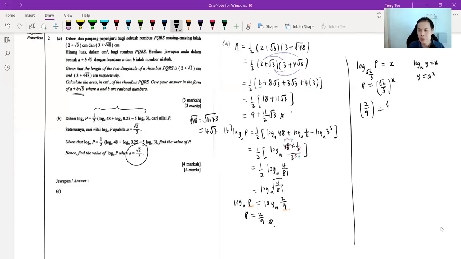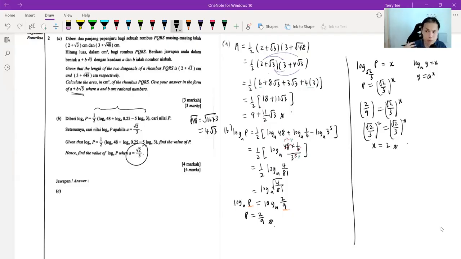This is root 2 over 3 power X, right? Now, in order to go from root 2 to 2, I have to square it. So I'm going to write this as root 2 over 3 with a bracket square. And by comparison, we can find out X. Our X value is just 2.